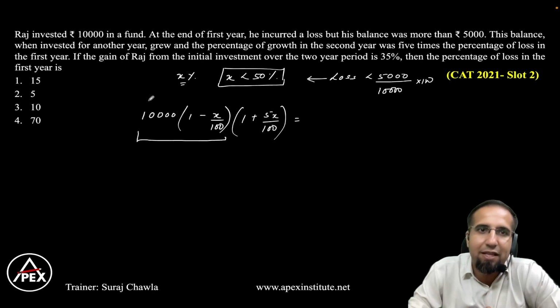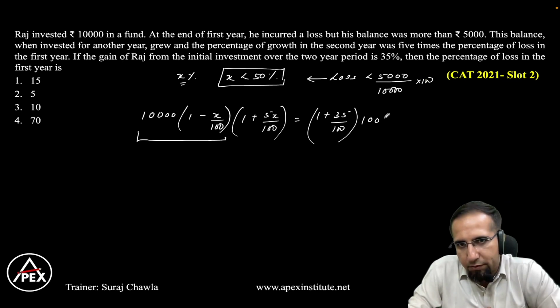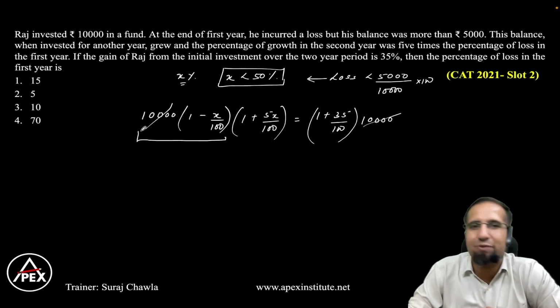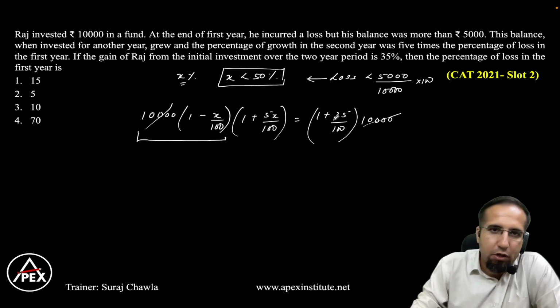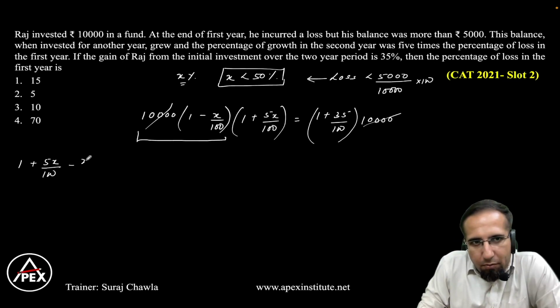And now the question is saying that the investment grew over 35 percent. That means this becomes 1 plus 35 by 100 of 10,000. So practically, if you observe, 10,000 does not play a very important role. Now all I have to do is multiply this. So this becomes 1 plus 5x by 100 minus x by 100 minus 5x square by 100 is equal to 1 plus 35 by 100.